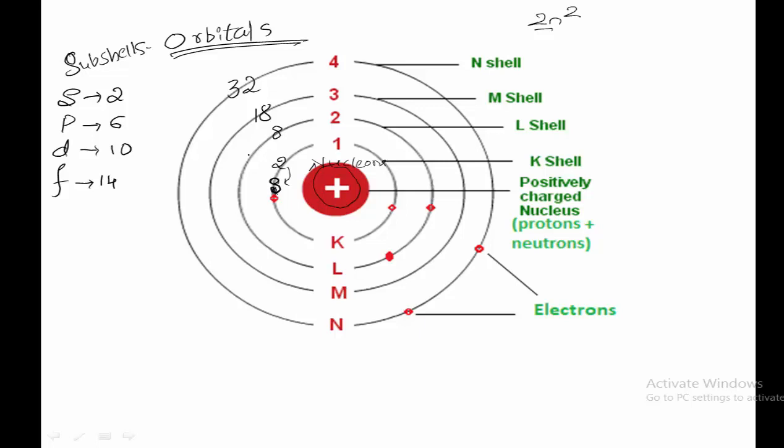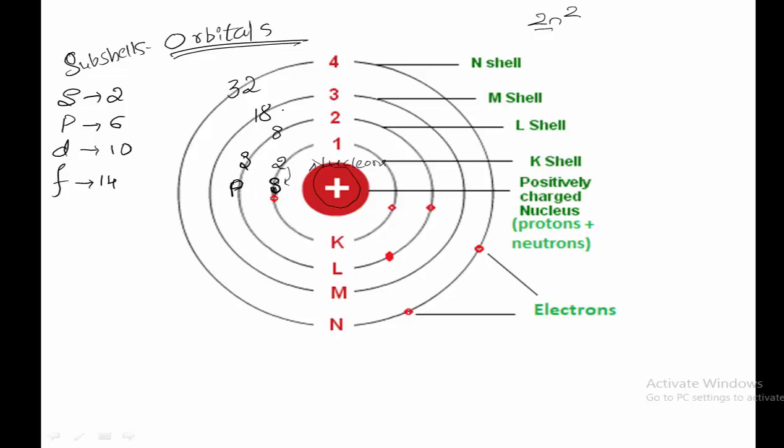Those 8 electrons are distributed as, in S subshell the 2 electrons are present. How many will remain? 6 electrons, because 8 electrons are there. Among 8 electrons, 2 electrons are occupied in S, and the remaining 6 electrons will go to the P subshell. So thus in the second orbit or second shell there will be presence of S as well as P subshell. You will find 2 subshells in the second orbit.